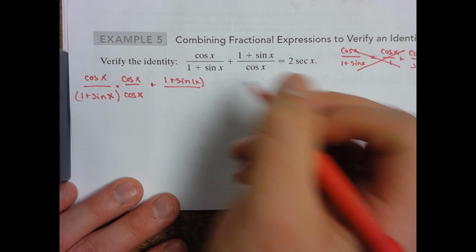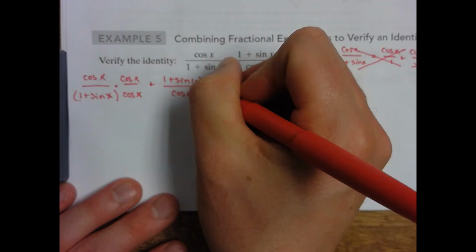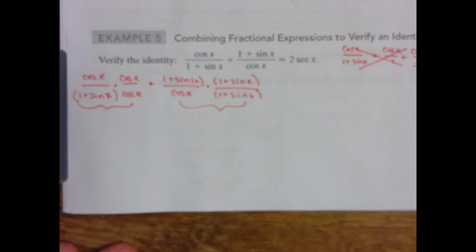And I'm going to multiply the right fraction by the other term that's missing, which is that 1 plus sine of x. So this whole fraction is going to get multiplied by 1 plus sine of x over 1 plus sine of x, giving a denominator of cosine of x times 1 plus sine of x.